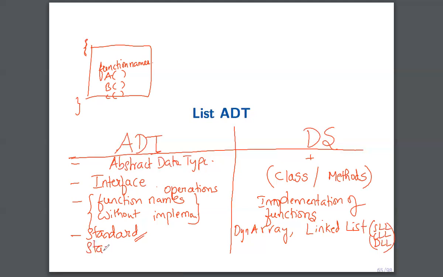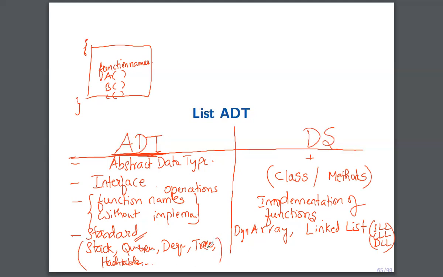And stack, queue, DQ, trees, hash tables, all these can be ADTs. Some programming languages also implement them as data structures, but assume that they are all ADTs.